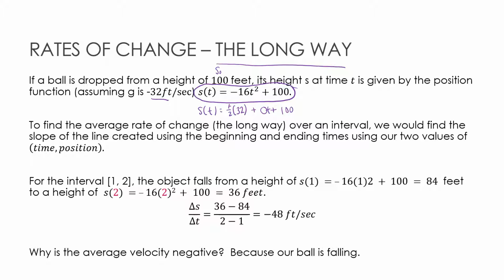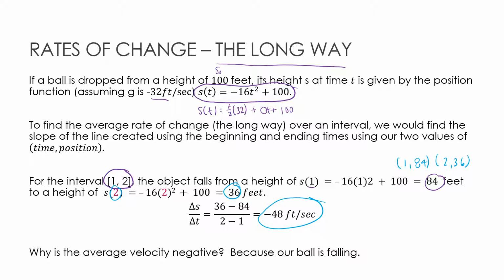If I'm looking at the interval from 1 to 2, I would just find the height at 1 and the height at 2. So now I have the points (1, 84) and (2, 36), and I'm finding the slope. The average rate of change is negative 48 feet per second.